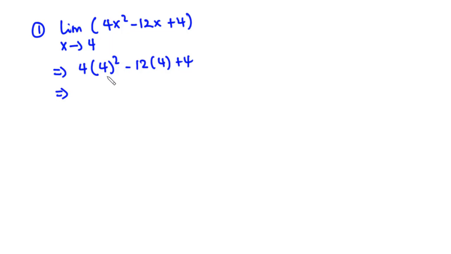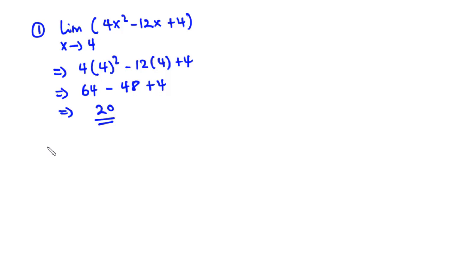Now 4 squared is 16, so 16 times 4 is 64. So we have 64 minus 12 times 4 is 48, and then plus 4. Now 64 minus 48 is 16, and then 16 plus 4 is 20.